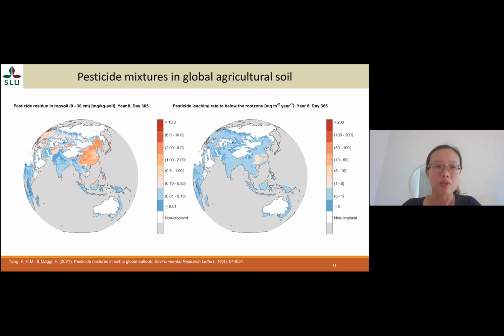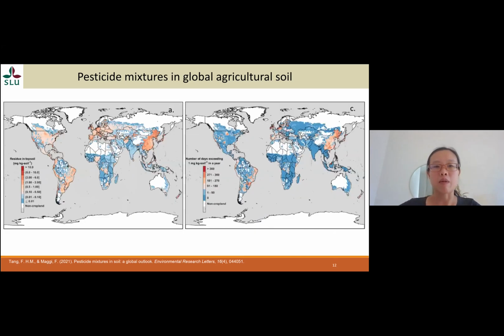So looking at a long-term analysis, on your left again is the residual. This is the total residual average in time, and on your right is the number of days where the concentration exceeded a threshold of 1 milligram per kilogram of soil.